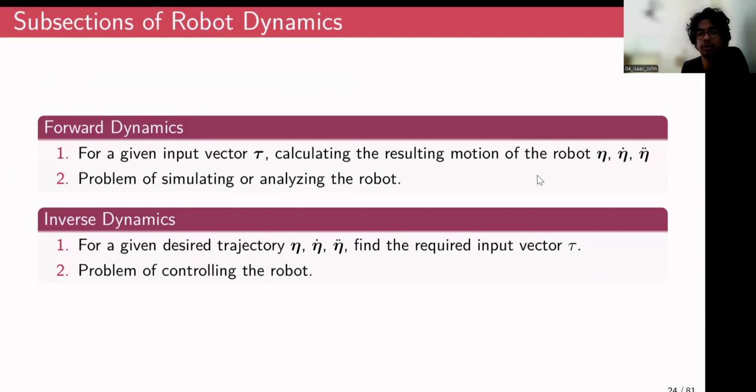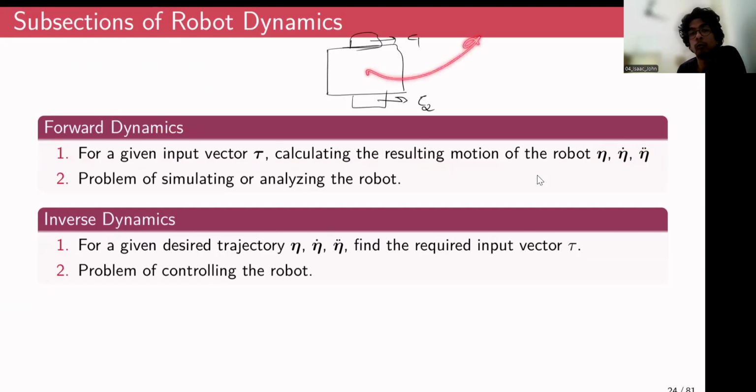Analogous to kinematics. In the case of forward dynamics, it says for a given input vector tau, calculate the resulting motion of the robot, eta dot and eta double dot, right? So one example is that if you have a mobile robot like so, and you're supplying some forces to the wheels, maybe I'll call them tau 1 and tau 2, how would the mobile robot move?